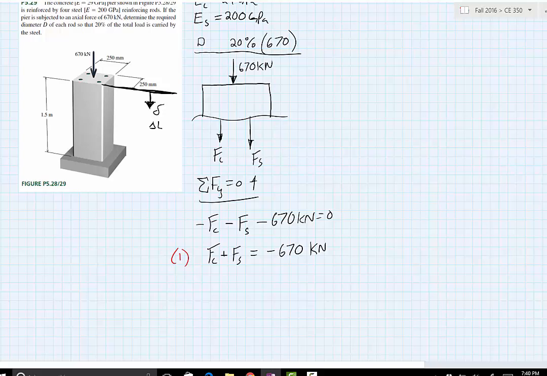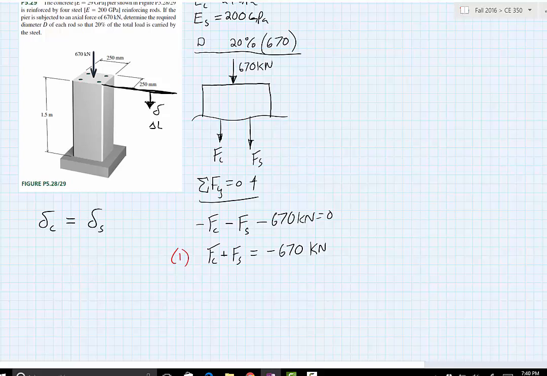So what we need to realize is that as that whole pier is deflecting, the concrete is moving a distance of delta, but the steel rods are also moving a distance of delta. So we could write that the change of length of the concrete is going to equal the change of length of the steel.